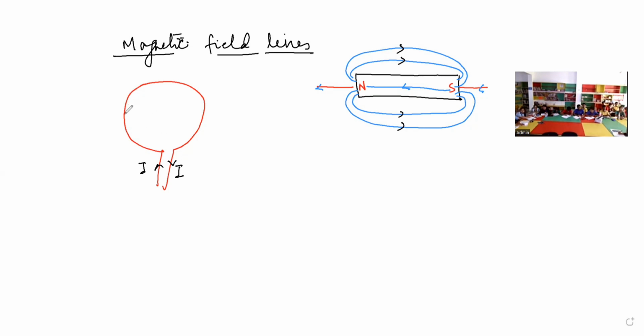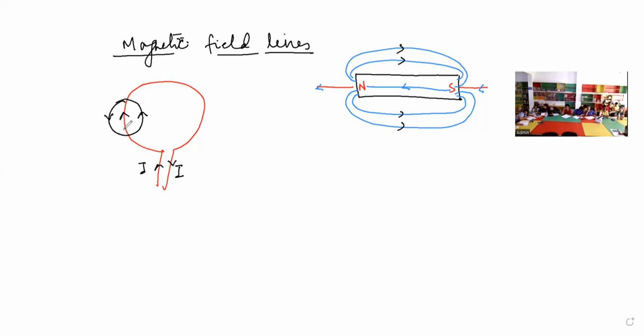Now let us think about this left side portion. This part can be taken as a straight wire, and if you hold a straight wire with the thumb pointing in the direction of current, then the field lines are in the anti-clockwise direction.